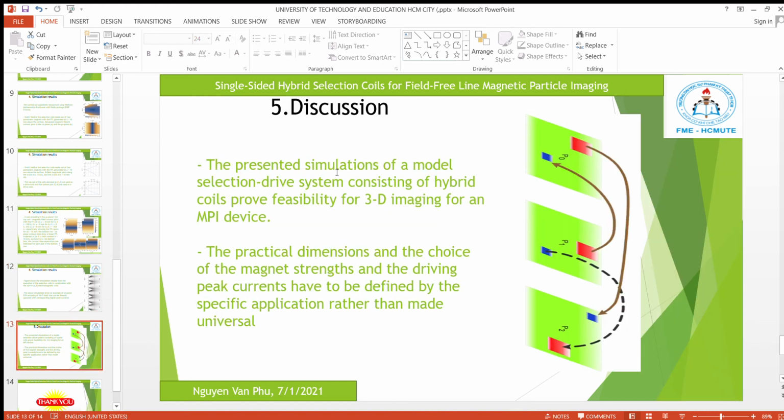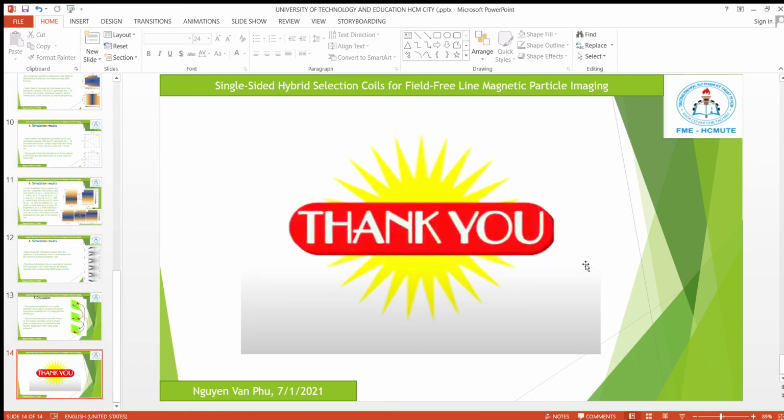The planned simulation of the hybrid selection and driver system consisting of hybrid coils shows feasibility for 3D imaging. The particle dimension, choice of magnet strengths and the driver peak current have to be defined by the specific application rather than made universal.